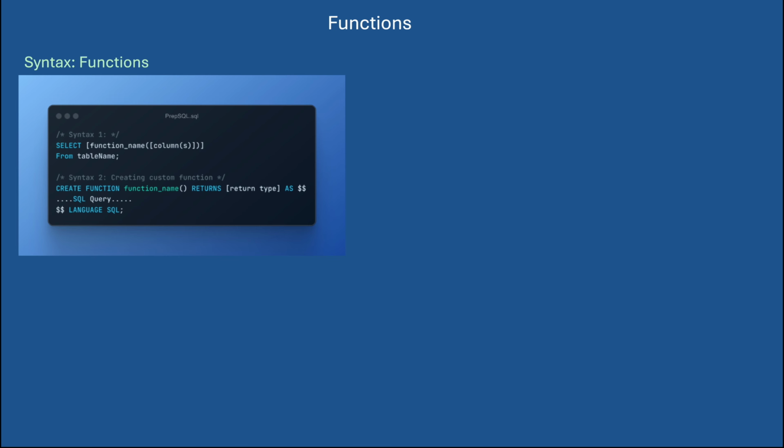To use a built-in function, we do select, then the function name, and then the columns we want to use it on, or if the function doesn't take a column, just the function name with brackets open and close, from the table. Whereas if you want to create a custom function, you use the keyword create function, then the function name, then returns and the return type, as dollar dollar, the SQL query, dollar dollar, language SQL.